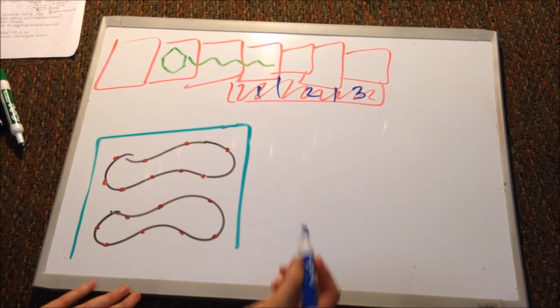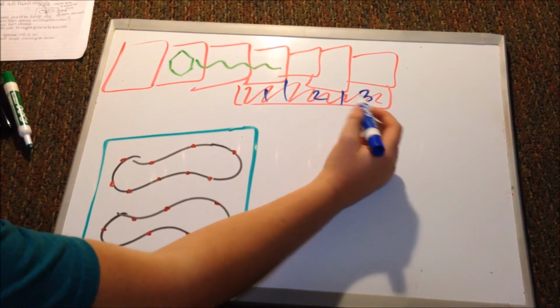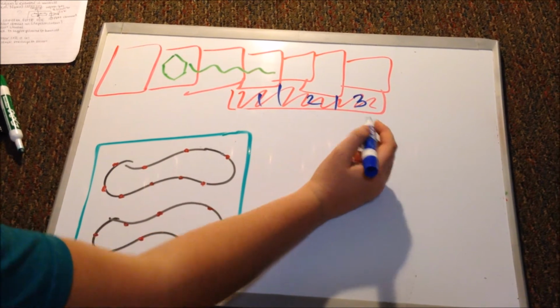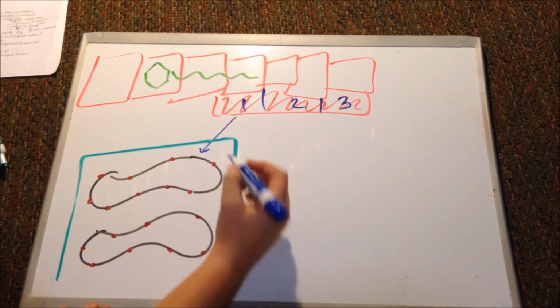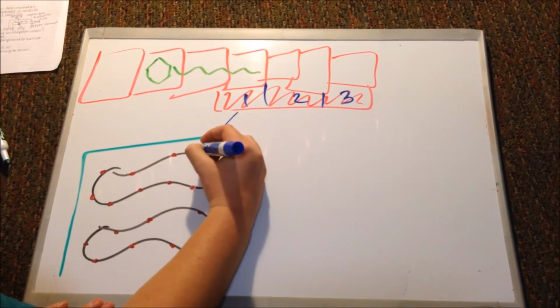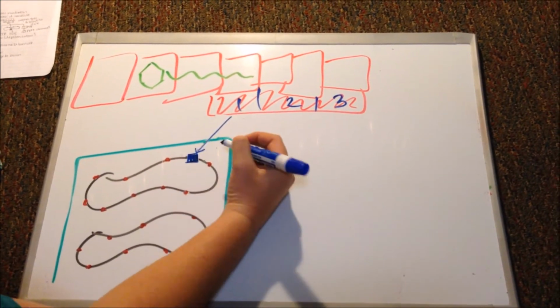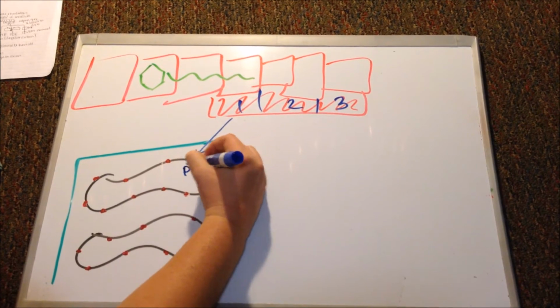Once transduction occurs and the rhodopsin is broken up into 3 different parts, this first part will come off and attach to this disc and will be called phosphodiesterase, or PDE for short.